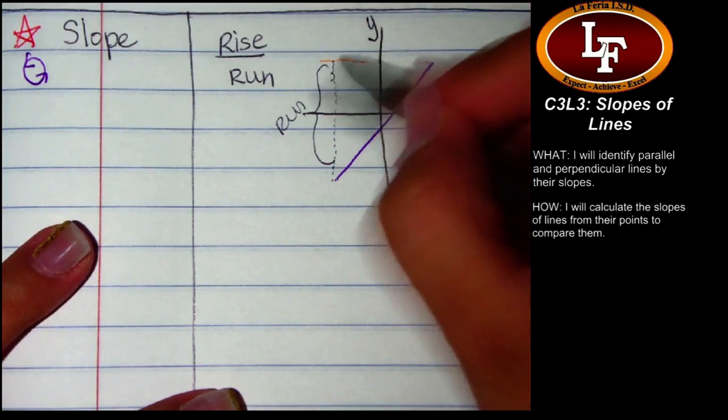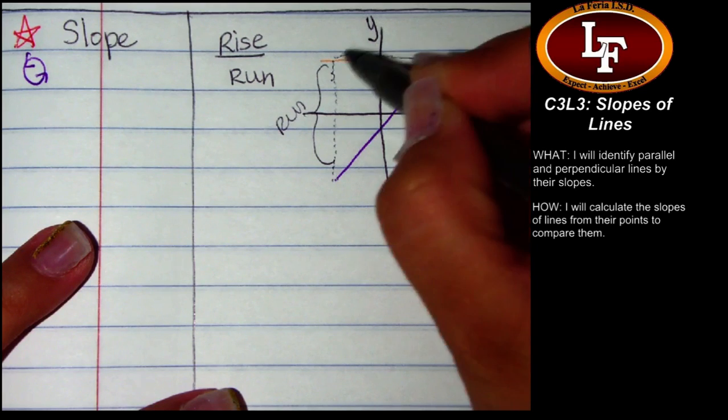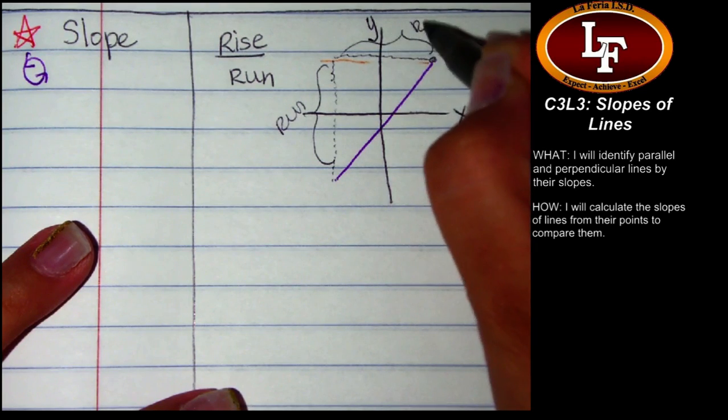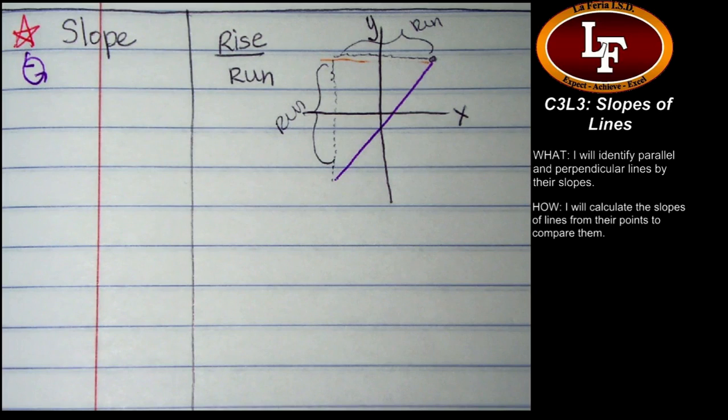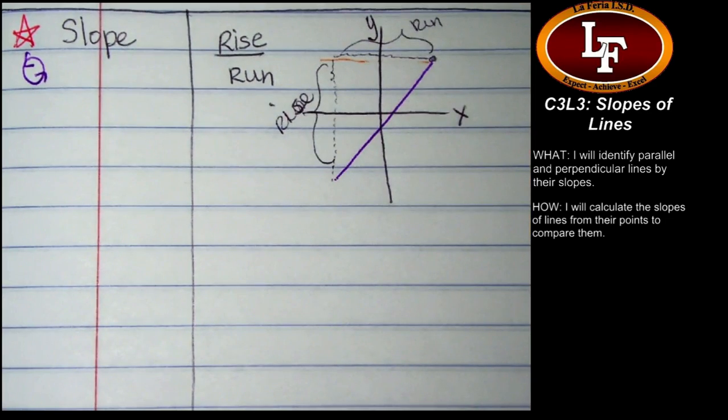And however far I have to go to the side before I get back onto the line, that's my run. And it's a fraction and a ratio. We're going to go ahead and work with that a little bit today.